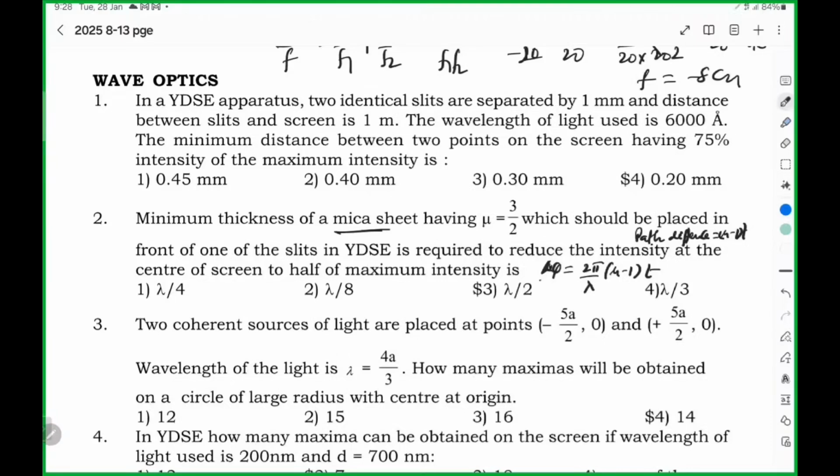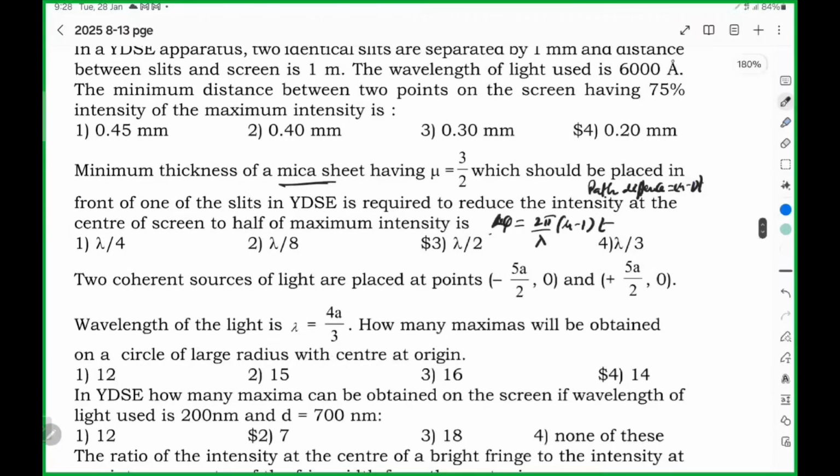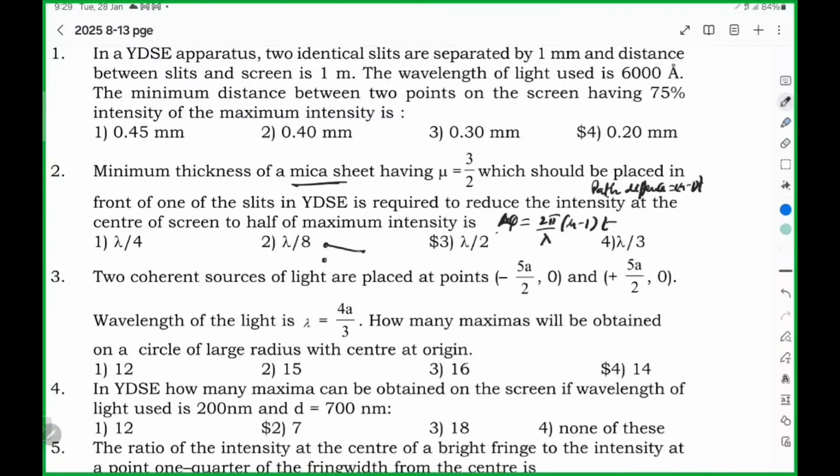Now what he is asking is the intensity at the center of the screen. Actually in the double slit experiment, here the path difference is 0, so you will observe a bright fringe. When the mica plate is introduced, the bright fringe position shifts by some distance. That doesn't mean that here dark will be there.